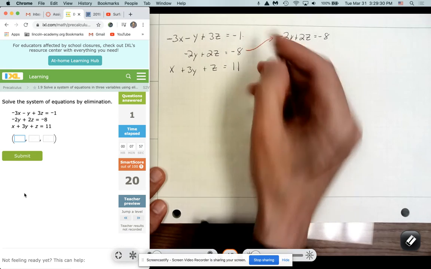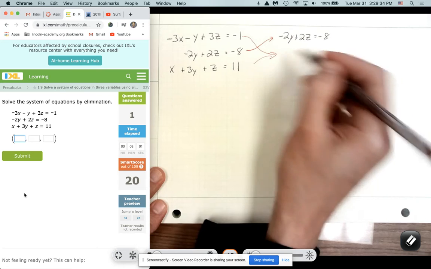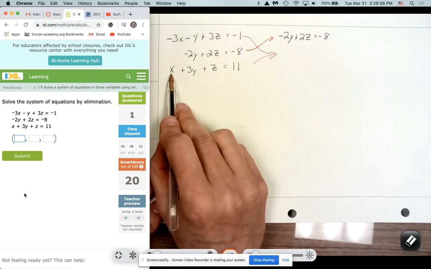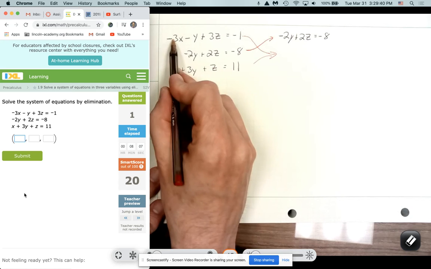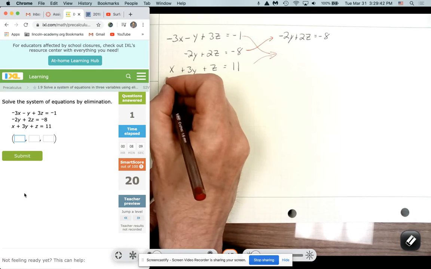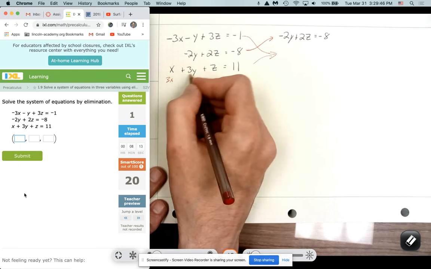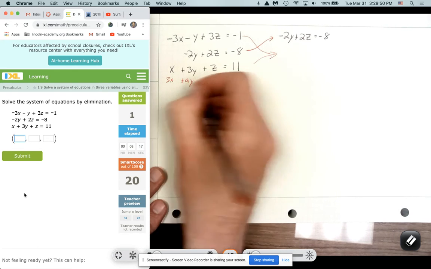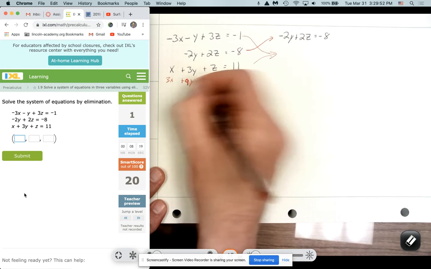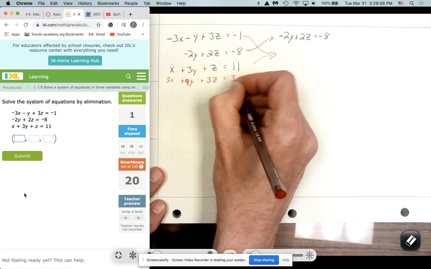Now what I'm going to do is combine these bottom two, but I'm going to make sure I eliminate the x. So in order to do that, I'm going to multiply this bottom one by a 3. So this will become 3x, and I'm multiplying every single term. Remember, that's what I'm doing. I'm adjusting this by a factor of 3, plus 9y plus 3z equals 33.